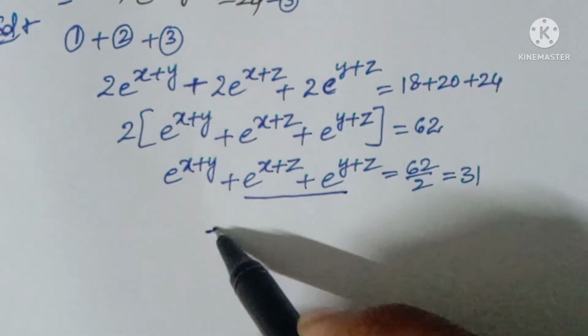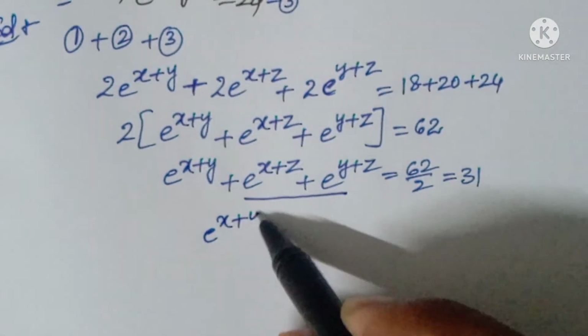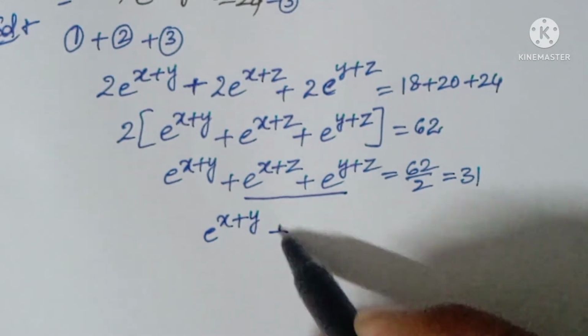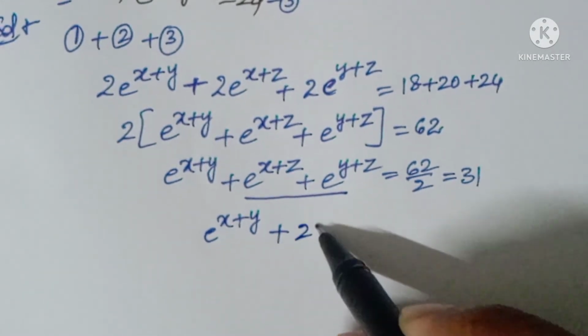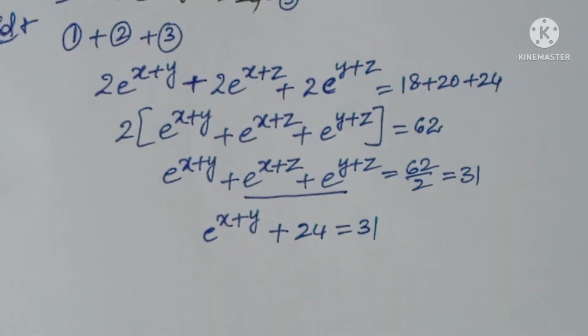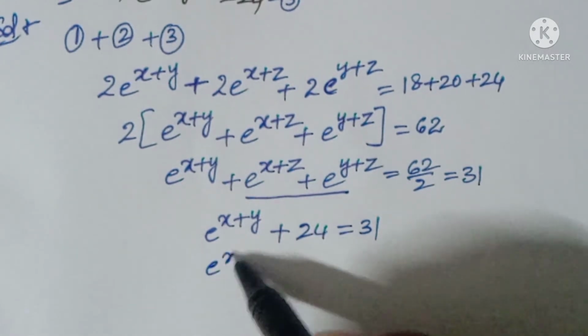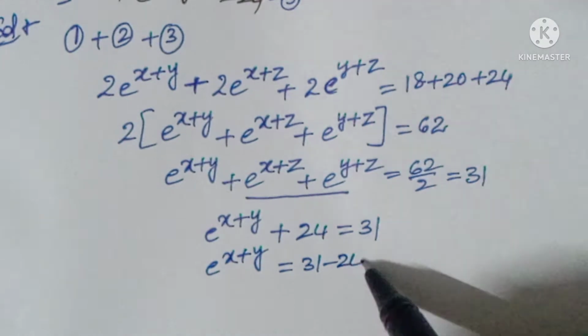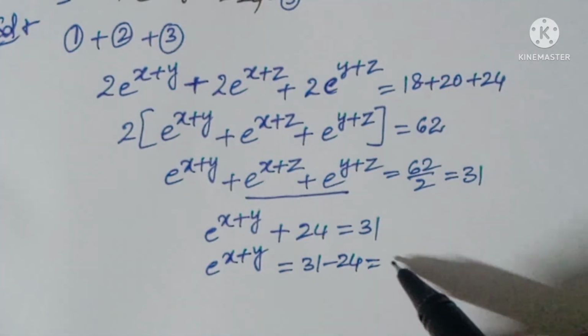So you can write e to the power of x plus y, from the third one, plus 24 is equal to 31. So e to the power of x plus y will be 31 minus 24, you will get 9.